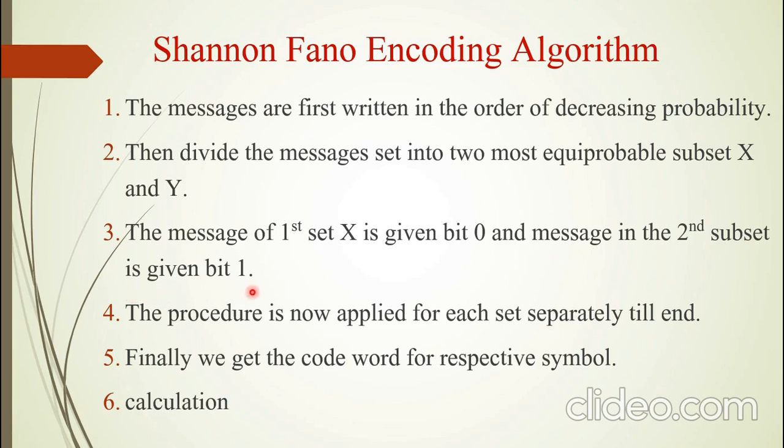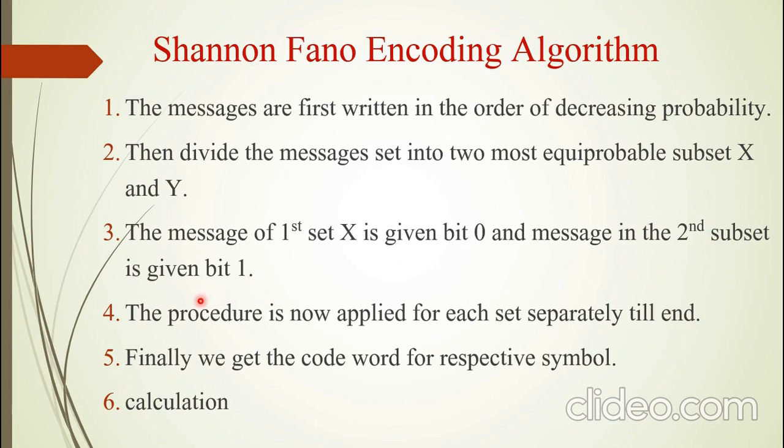So at first divide the messages into two subsets, X and Y, and the first subset X is given bit 0 and the messages in the second subset are given bit 1.